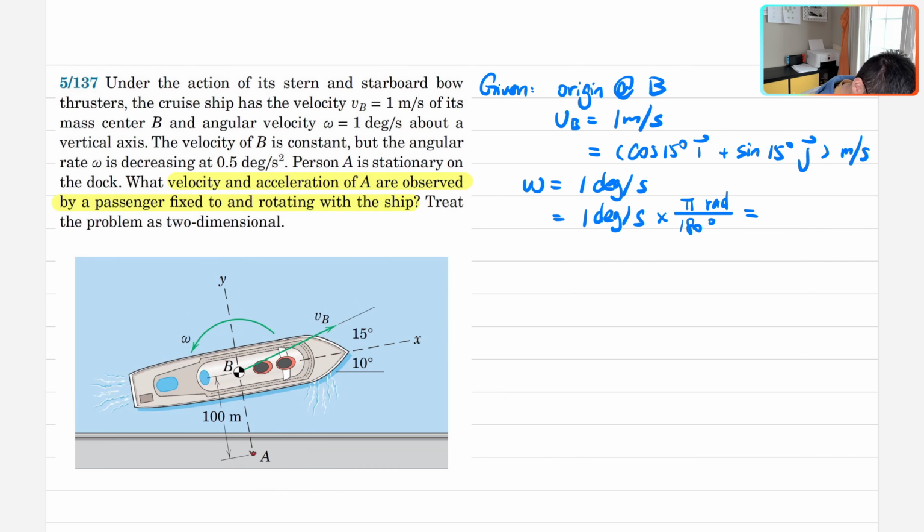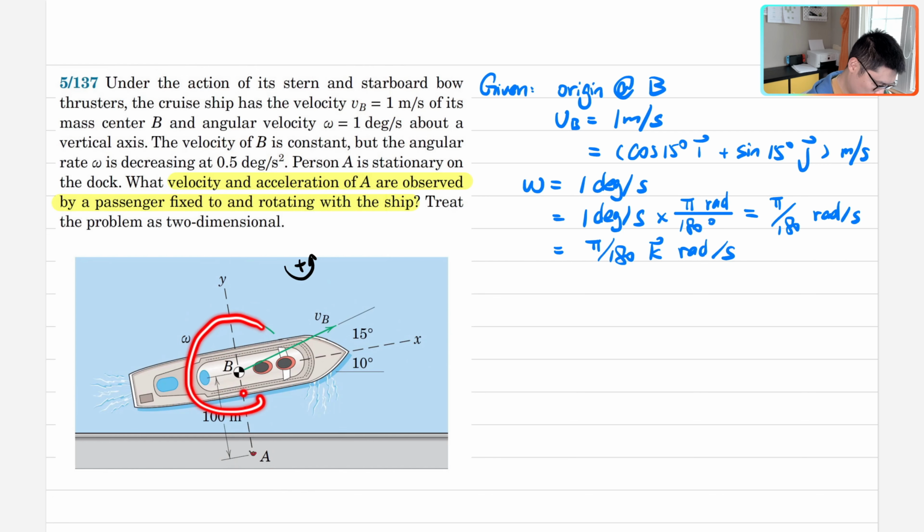In this case, we have pi over 180 radians per second, or in vector form, pi over 180 k radians per second. And apparently we are defining counterclockwise as our positive. In this case, yes, it is counterclockwise, so k is positive.